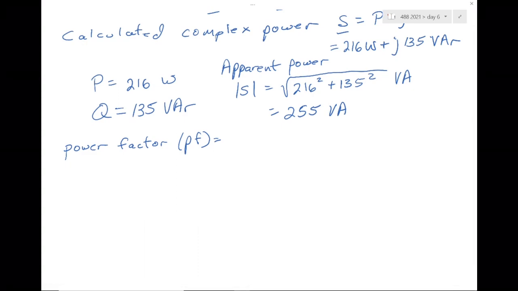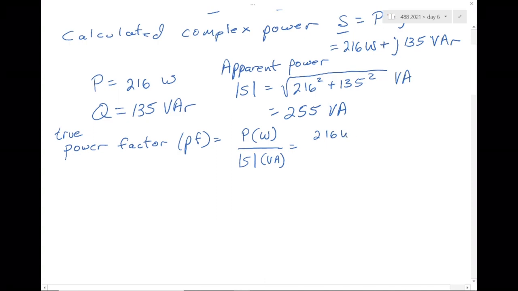There are several ways to calculate power factor, but the correct way, the way that always works, is to take real power in watts and divide by apparent power in volt amperes. There's another way we'll calculate it in just a moment that you're probably more familiar with, but this is called true power factor because when you get into non-sinusoidal situations, this is the one that works.